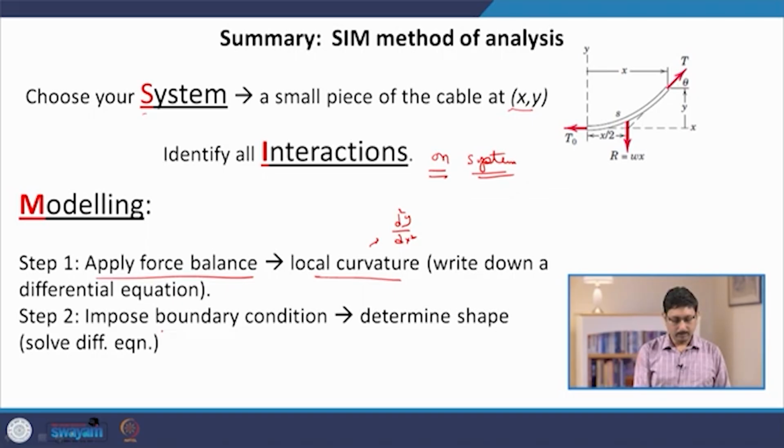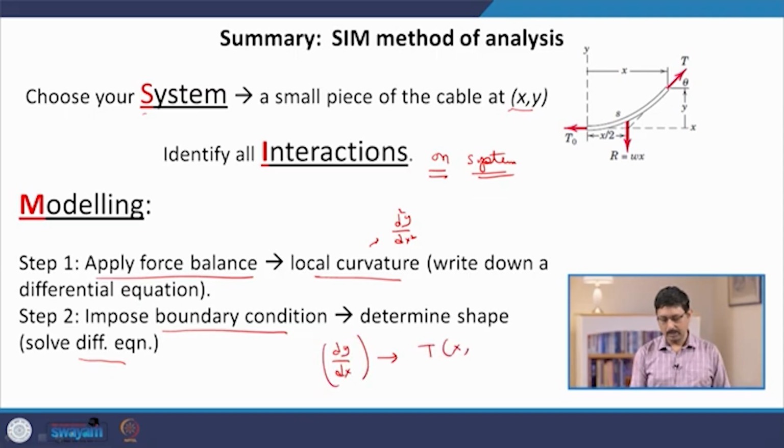And then we imposed the boundary conditions, which is very crucial to solve this differential equation and determine the shape of the rope. And also we saw that the local slope of this rope is important to determine the tension as well as to get a relation between the span and sag.